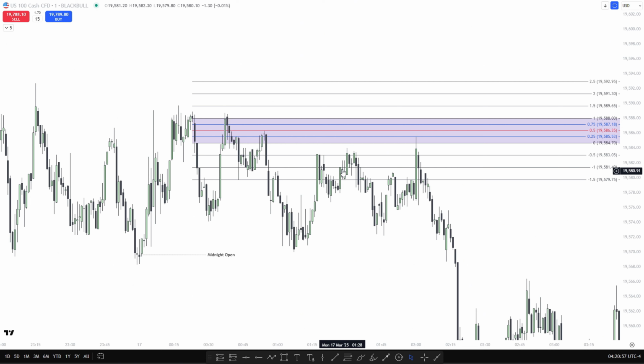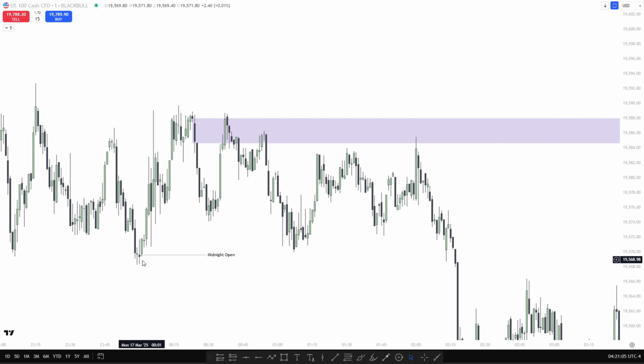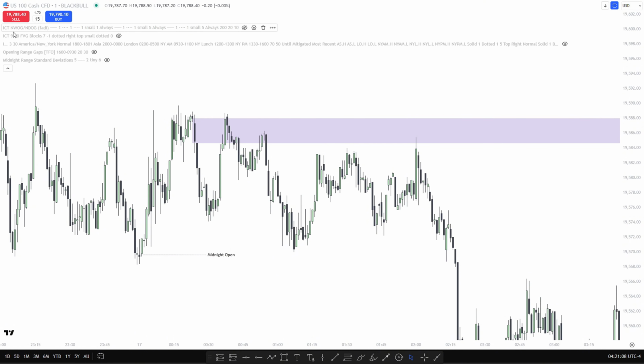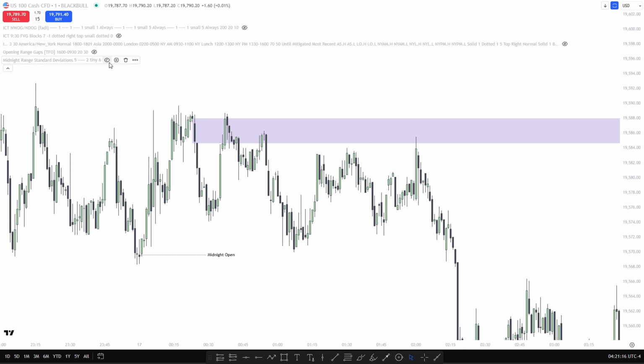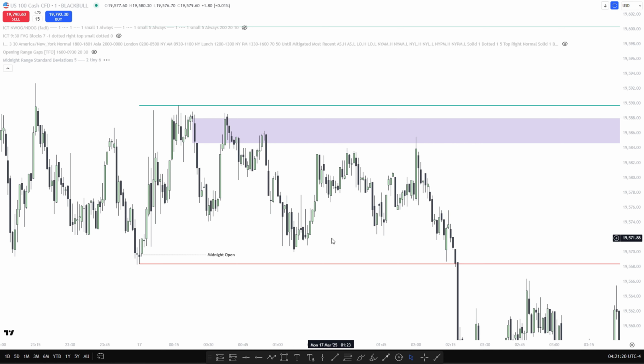So you see how price is using this range of this displacement, but more importantly, as we said, you want to find the high and the low of the midnight range. I actually found a very nice indicator about it. So I'm just going to plot that on the chart using the indicator, where you can add your standard deviations, as many as you want.